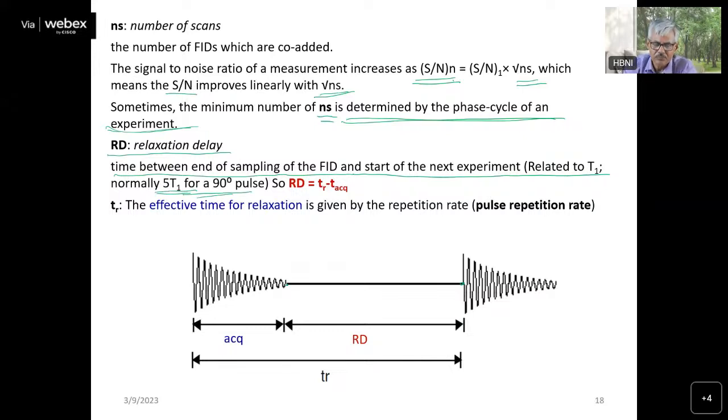The whole time from the start of the first FID to the start of the second FID is called the pulse repetition time.